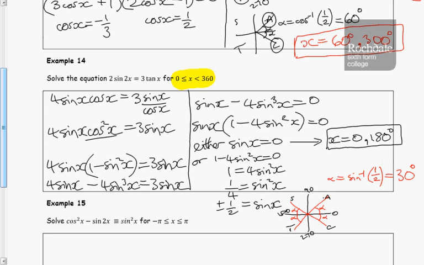So now we can look at my CAST diagram and write down all the solutions between nothing and 360. So we have 30 degrees. The next one would be 180 minus 30, so 150 degrees. And the next one would be 180 plus 30, so that's 210 degrees.